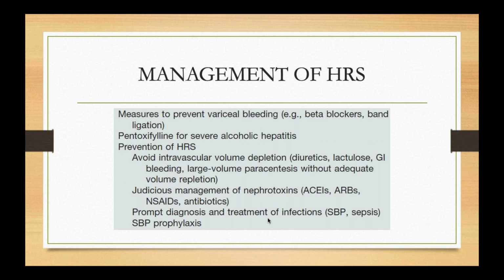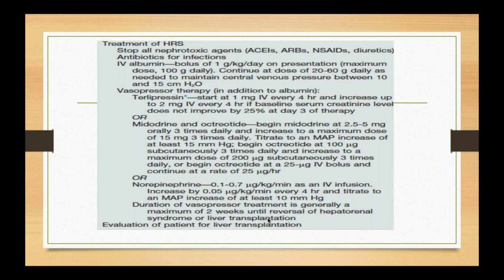So people have started stopping using that. You should avoid over diuresis. You should not use any nephrotoxic drugs, and you should give the patient SBP prophylaxis once the SBP occurs, because otherwise the patient can develop renal injury, and HRS is basically quite serious and has high mortality.